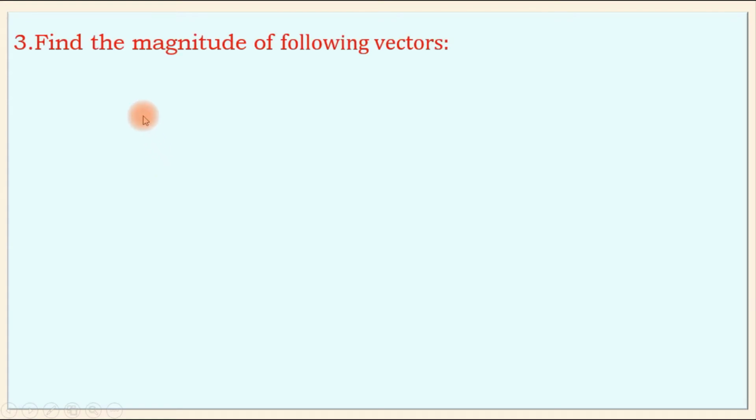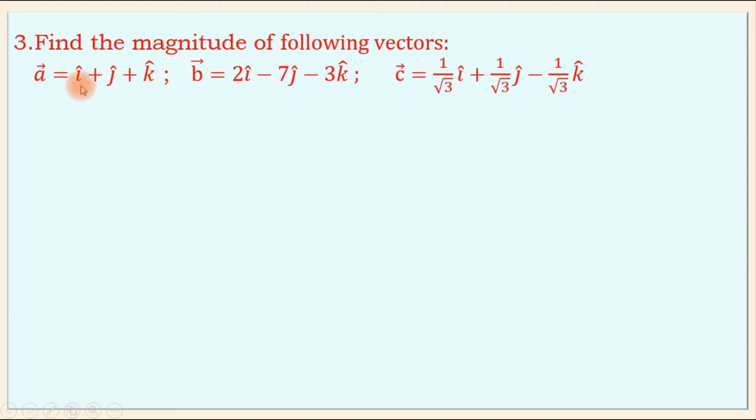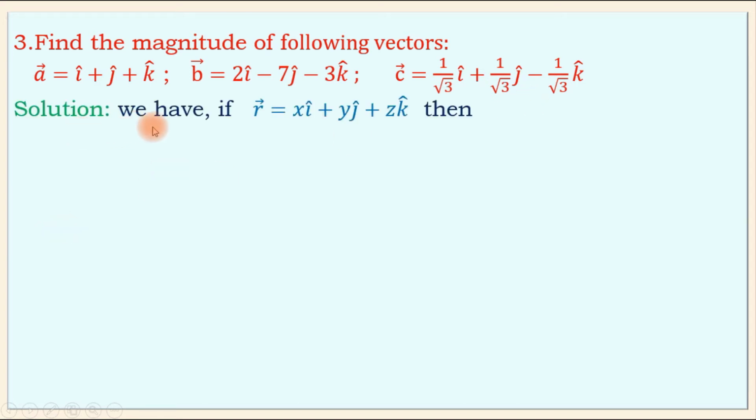Next, problem number 3. Find the magnitude of the vectors a vector equals i cap plus j cap plus k cap, b vector equals 2i cap minus 7j cap plus 3k cap, c vector equals 1 by root 3 i cap plus 1 by root 3 j cap minus 1 by root 3 k cap. We have if r vector equals xi cap plus yj cap plus zk cap, then magnitude of vector r equals square root of sum of squares of components of vector r.